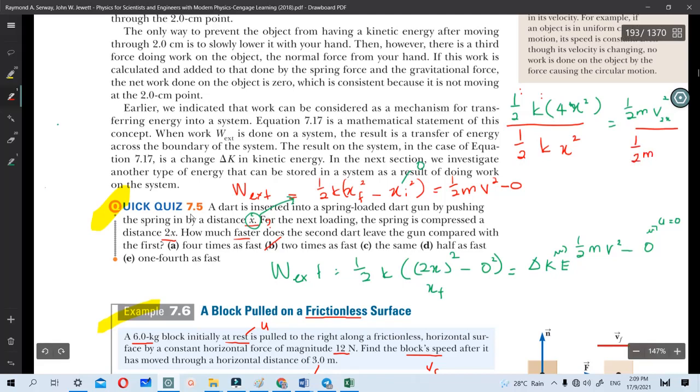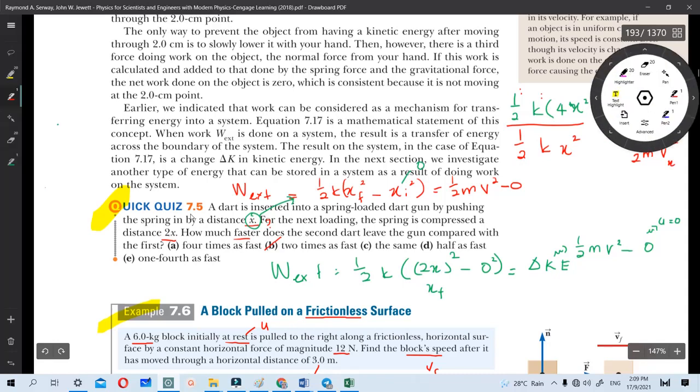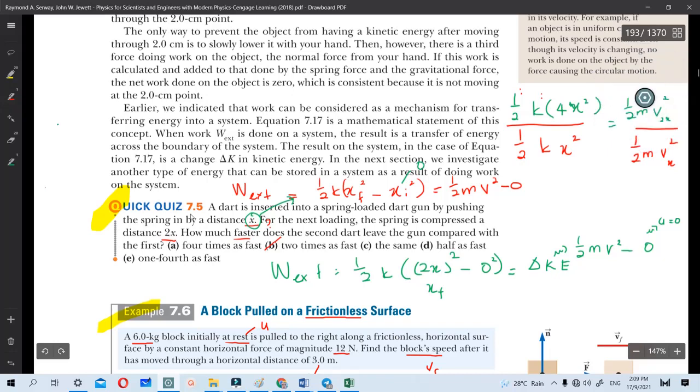So half mass v for x. Now let's simplify it. Half, take away k. This is x, the same thing. Half, and then mass. So we are left with 4 equivalent to v for the second situation, at 2x squared, over the original situation when the compression is only x.